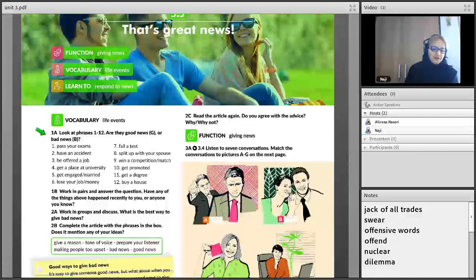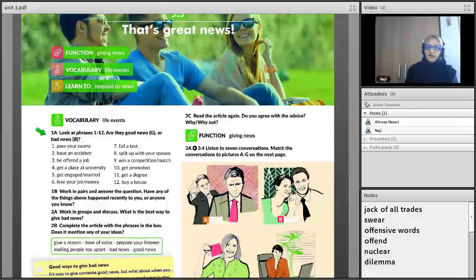Lose your job or money. Bad news. Fail a test. Bad news. Split up with your spouse, husband or wife. Split up means break up, we had before. Do you remember multi-word verbs?